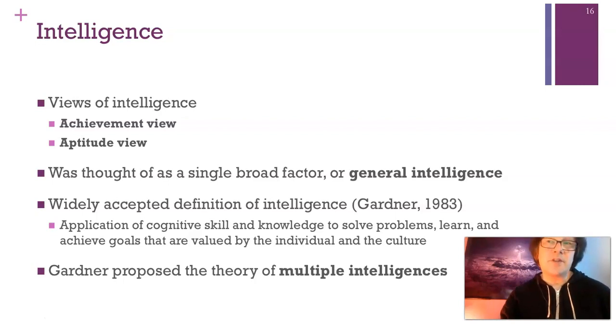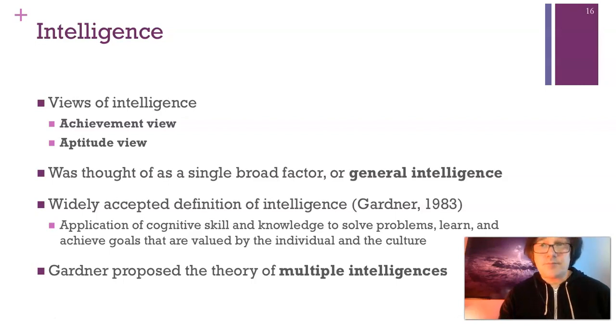And intrapersonal intelligence. So this is your ability to be insightful, to understand your own emotions and your own motivations. He also included kinesthetic intelligence. So this describes the abilities of people who have really good, say, hand-eye coordination, or the abilities of athletes and dancers.